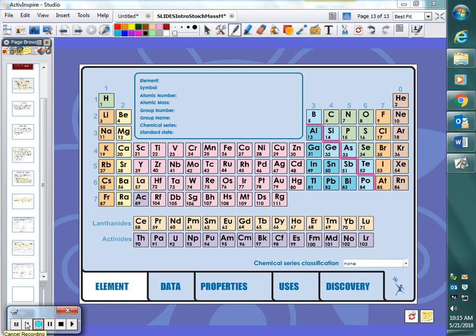So up on the board I've got this periodic table, and it's not a full periodic table, but when I mouse over the different elements it gives me information. So here's magnesium, and you can see here that magnesium's atomic mass is 24.305.